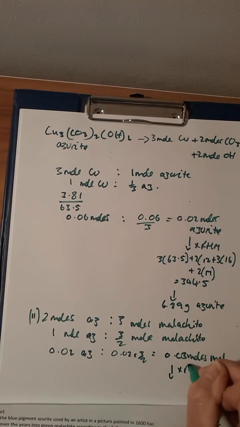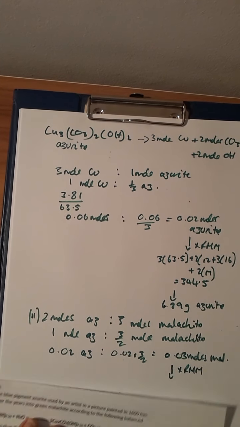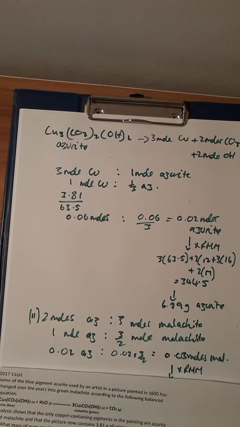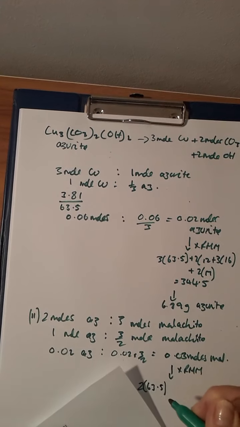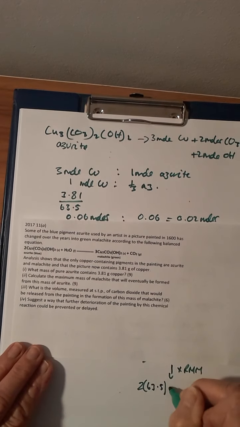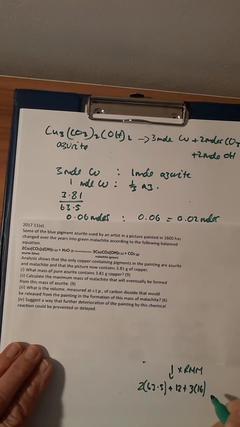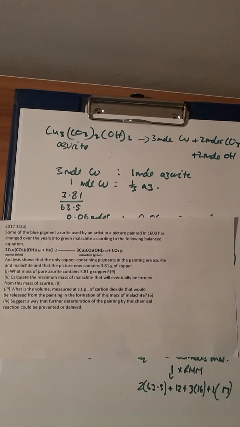And the question says, calculate the maximum mass of malachite. So now I have to multiply that by its relative molecular mass. Again, be really careful. Look at that, it's quite an extensive molecular formula. So 2 coppers is 2 times 63.5, plus carbon is 12, 3 oxygens are 3 16s, plus 2 16 plus 1 is 17. And when I add all of that up, I'll get 221.